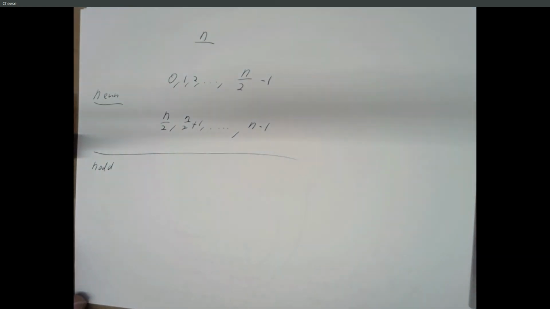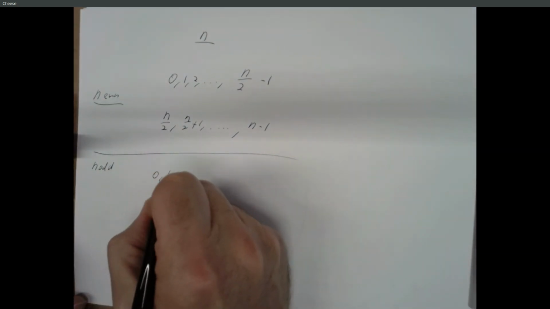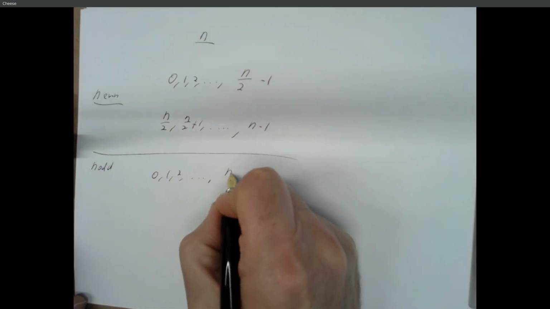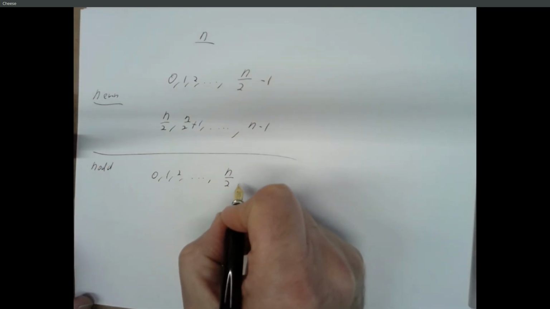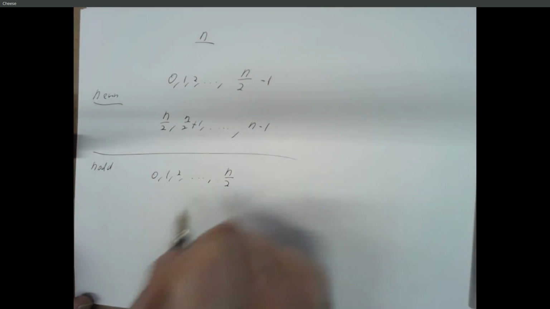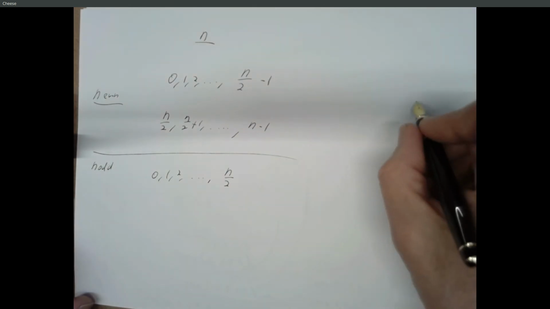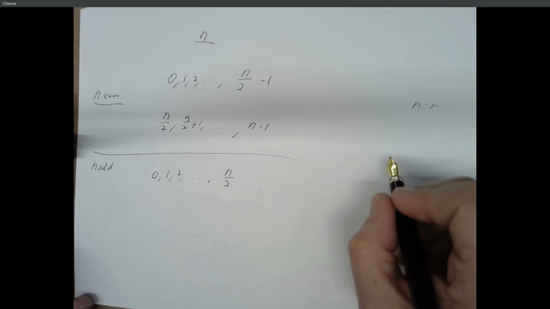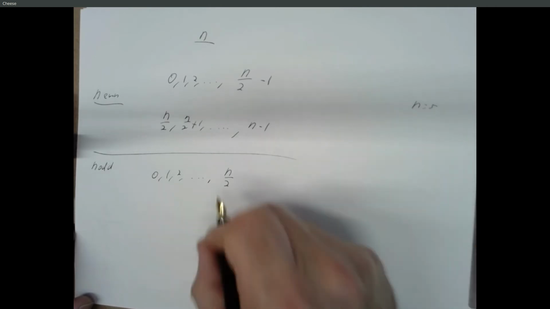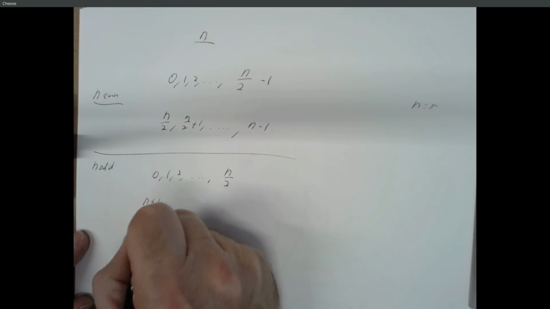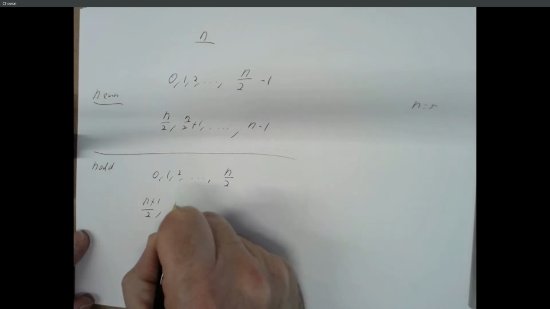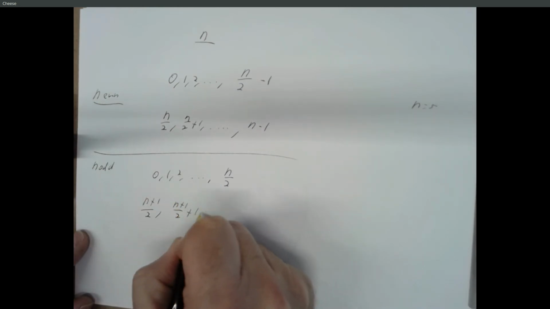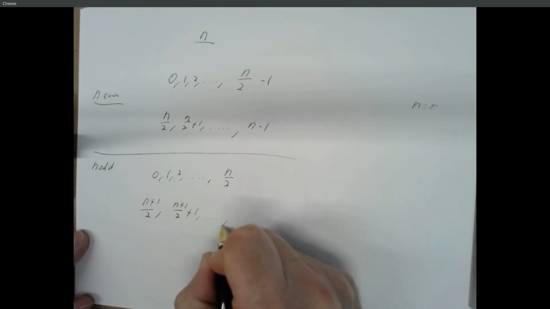If n is odd, then we might go 0, 1, 2, up to n over 2, and this is going to be an integer. So let's just think n equals 5. So we can go up to n over 2, and then we could do n plus 1 over 2, n plus 1 over 2 plus 1, up to n minus 1.